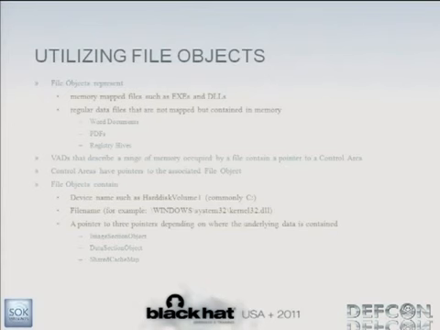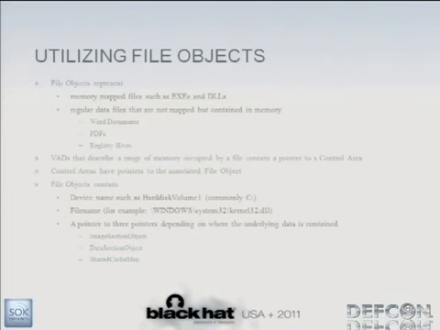And if you're very familiar with WinDbg, you'll be used to these structures that we're talking about. The control area has a pointer back to the file object. So we're finding VADs in memory because we found the EPROCESS block. Once we find the VAD, we parse it to see its control area. Once we get to the control area, we parse it to find its file object.